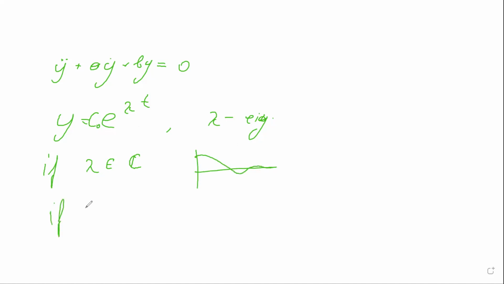If eigenvalue is purely real, then solution would be stable eigensolution would be something like this, for example. All right. So just a reminder how those solutions look like. All right, but that is all cool and nice, but let us think about the following.